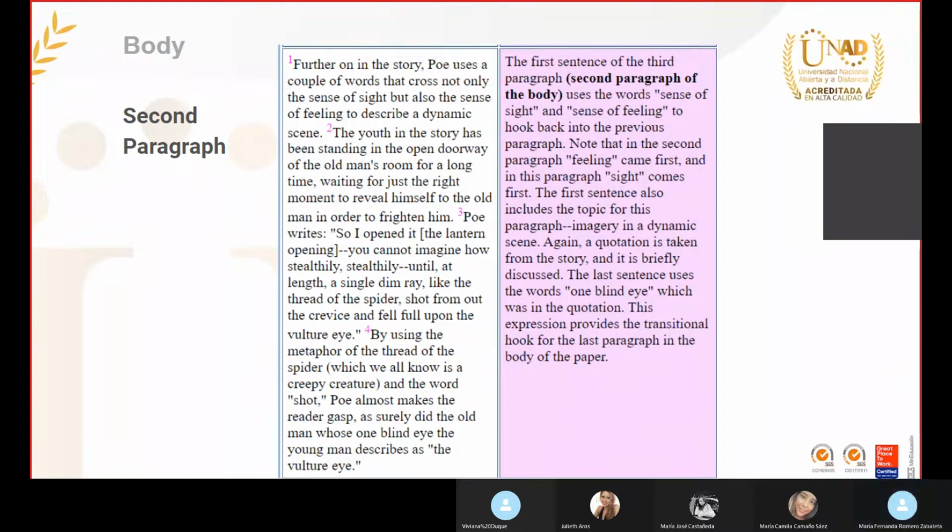So he uses again quotations from the story to explain his point, giving some ideas on how Poe uses this imagery.